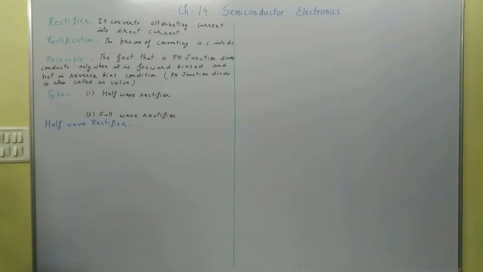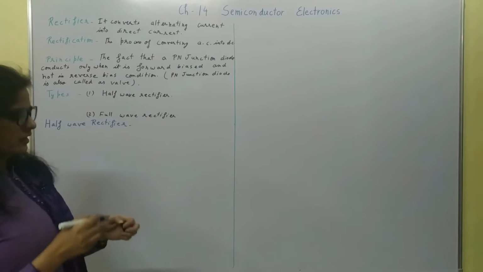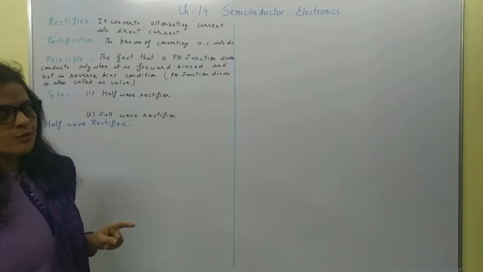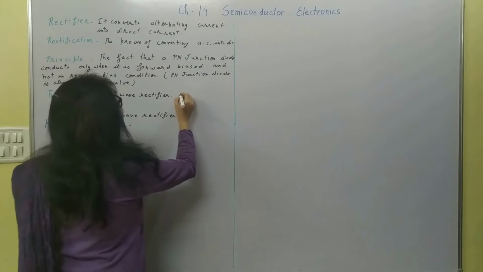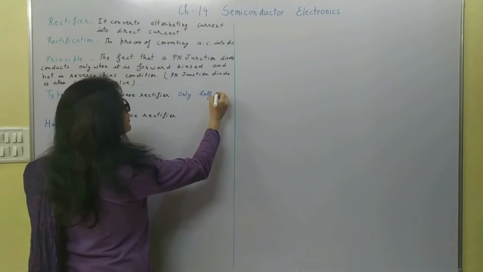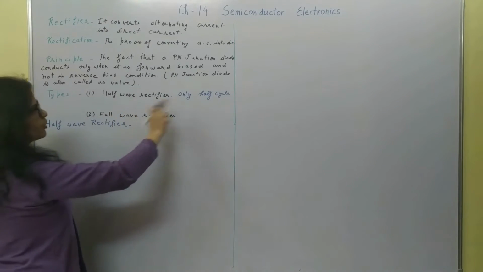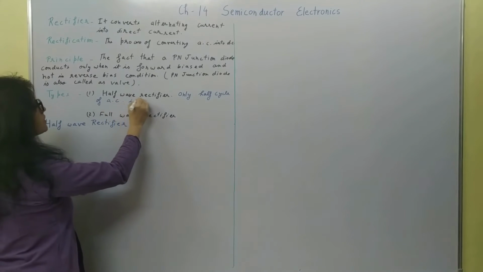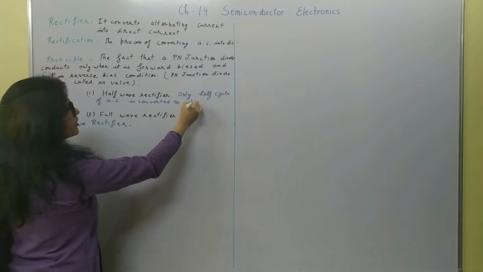In a half wave rectifier, the rectifier converts only half wave of the AC to DC, right? Only half cycle of AC is converted to DC.